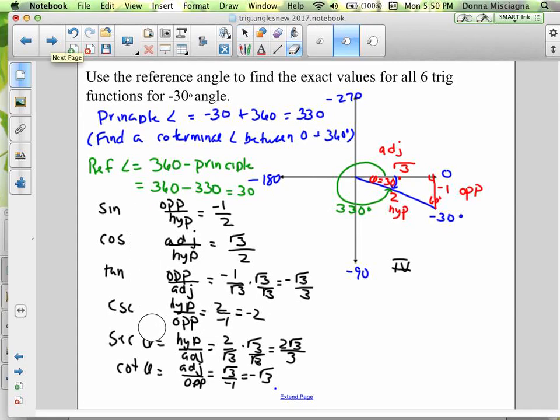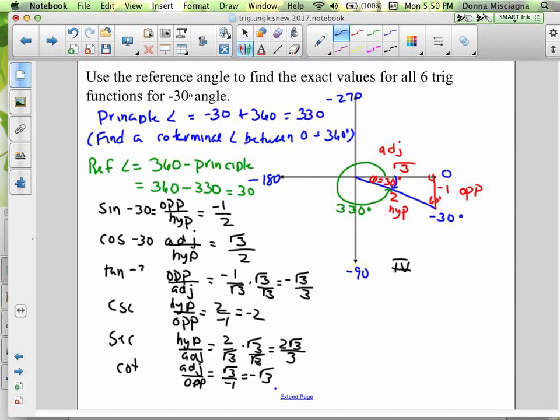So sometimes I get a little lazy and I put theta all the time. In reality, we're not just finding theta, we're finding a specific theta, and that is we're finding sine of negative 30. So this is the sine, cosine, tangent, cosecant, secant, and cotangent for a negative 30-degree angle.